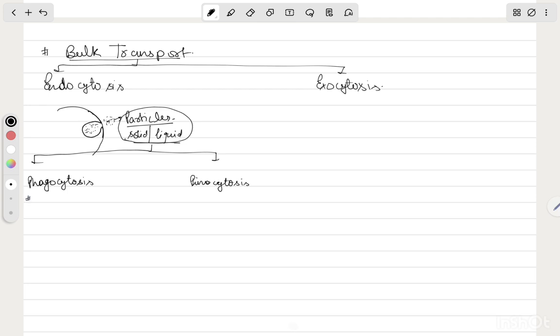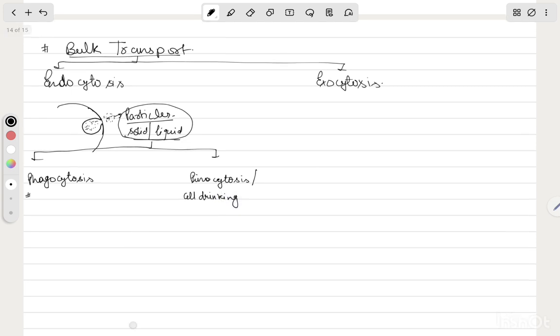If it is liquid, then it is pinocytosis. Pinocytosis is also known as cell drinking, while phagocytosis is also known as cell eating because particles are solid.